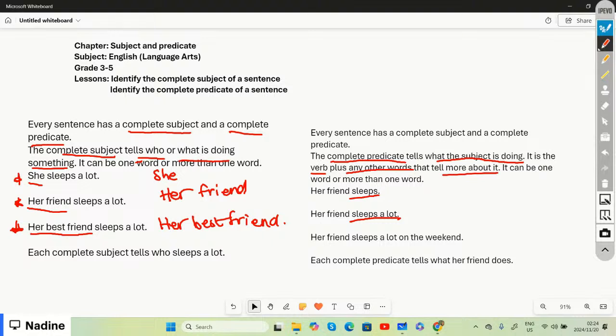And then the last one says, her friend sleeps a lot on the weekend. We need to identify the predicate within that sentence, which tells us what the subject is doing.